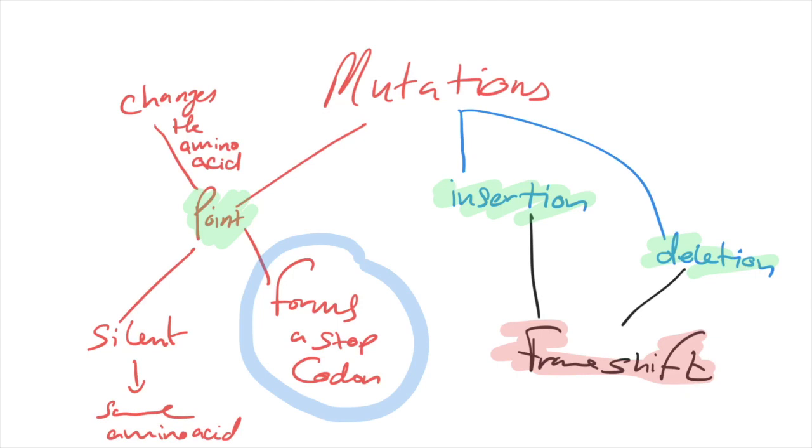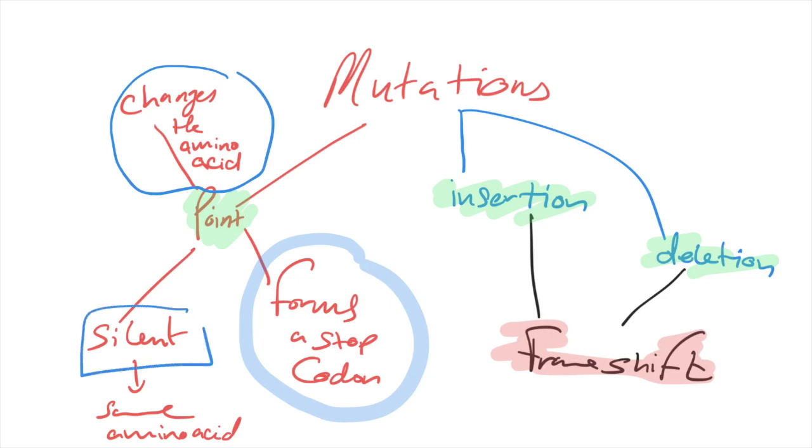Nonetheless, point mutations could change one amino acid, but there also could be a silent point mutation if the triplet that has been changed codes for the same amino acid, or codes for an amino acid of the same nature, meaning if the amino acid was charged and the mutation leads to the formation of another charged amino acid, then it won't cause much damage.